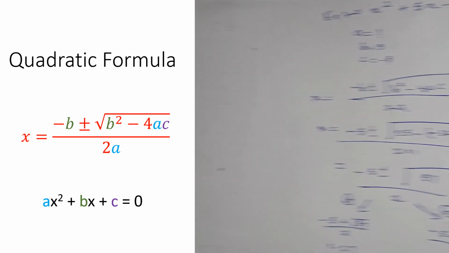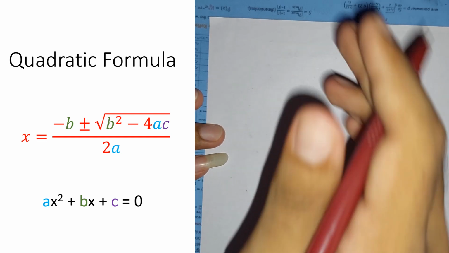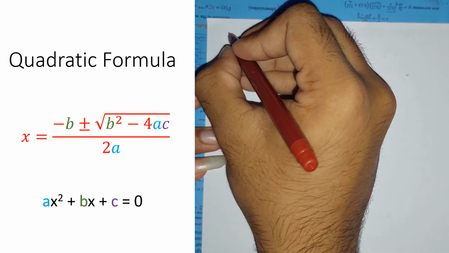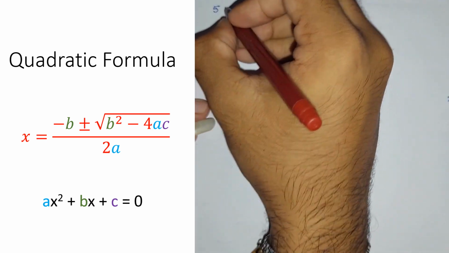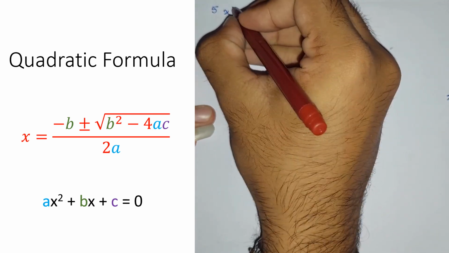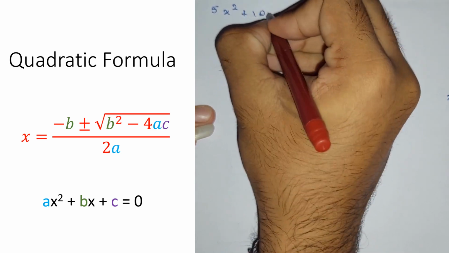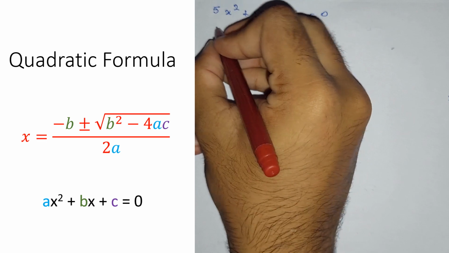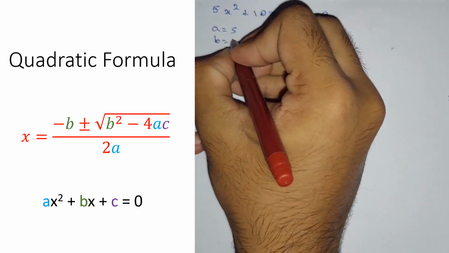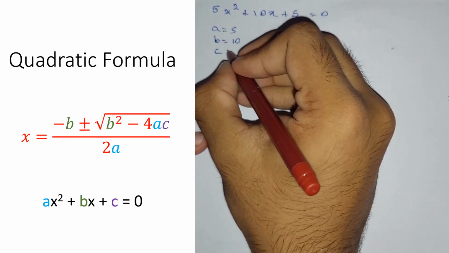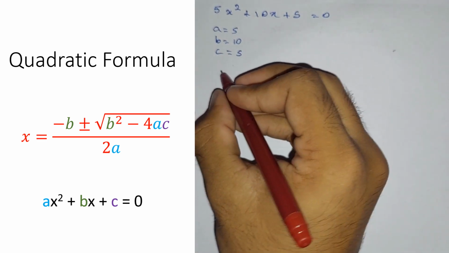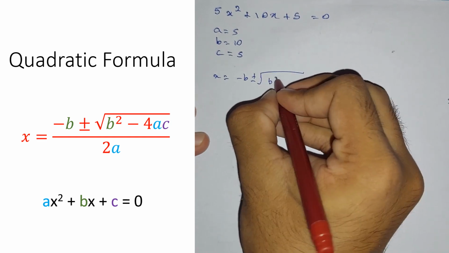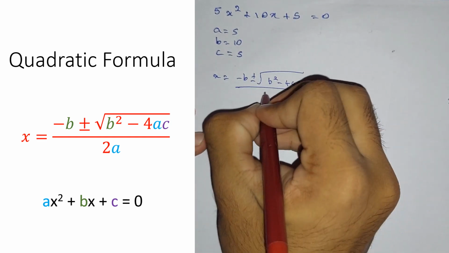So let's take another example. 5x squared plus 10x plus 5 equals 0. Here a is 5, b is 10 and c is also 5. We plug into the same equation, x equals minus b plus or minus square root of b squared minus 4ac over 2a.